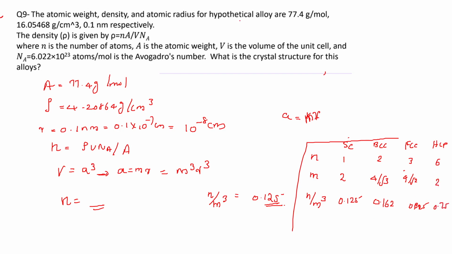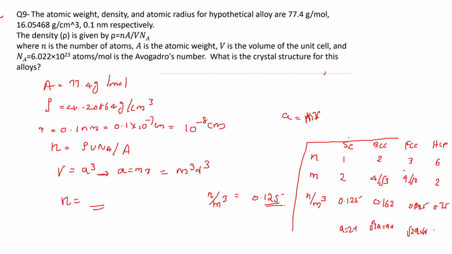Now the A and R relation for simple cubic is A equal to 2R. Here root 3 A is equal to 4R. Here root 2 A is equal to 4R.